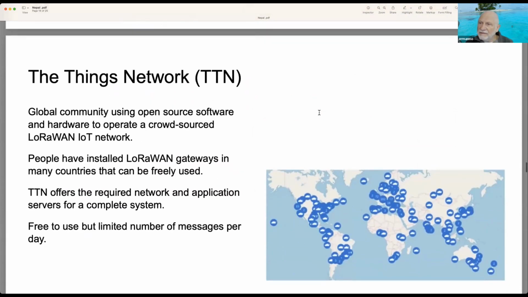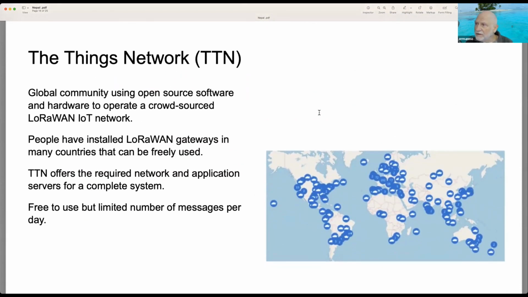There is an interesting initiative called the Things Network that has been deployed worldwide by a crowdsourced initiative, and they provide gateways and the network server and application server free to use.